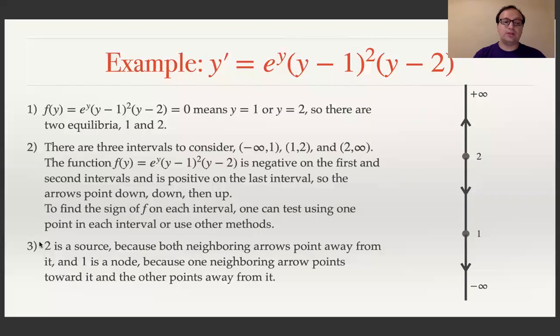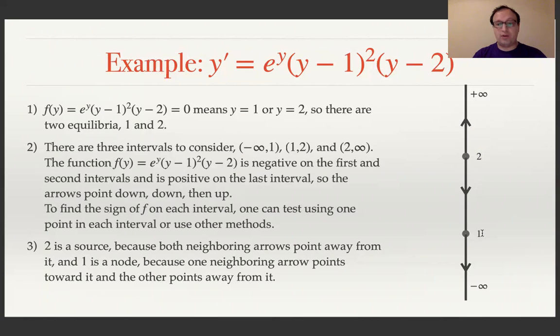And finally, for the last step, the stability of equilibrium, we look at the same diagram that we just drew again, without making any change, but we look at it from a different point of view. So instead of looking at intervals, we look at the 2 points, or the 2 equilibrium points, and we look at the direction of the arrows around each equilibrium point. So if both arrows coming out of an equilibrium point are going outward, like for 2, then 2 is a source or unstable equilibrium.